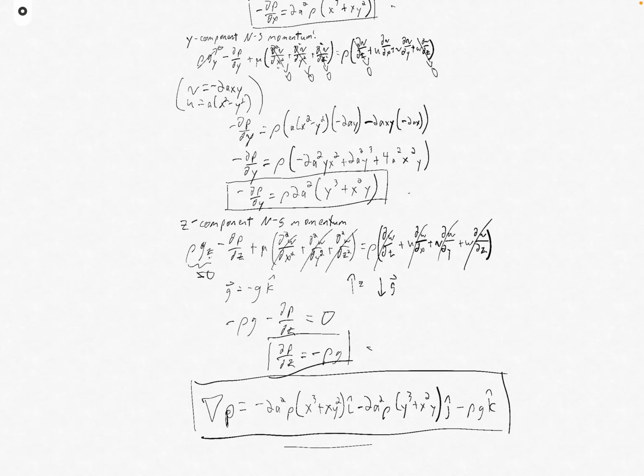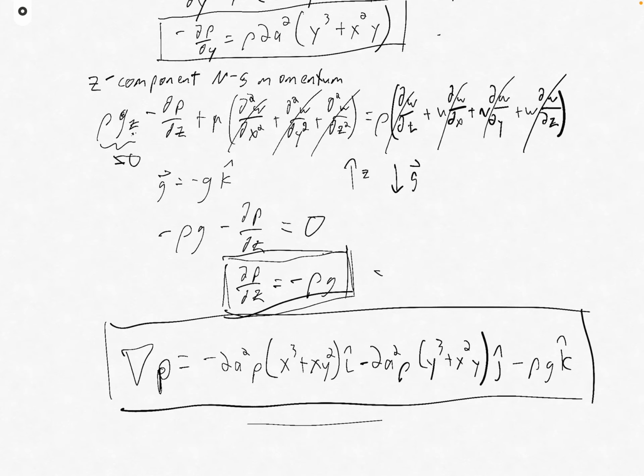Another thing that I want to note here is that in this problem we had the velocity in z equal to 0, and so our pressure gradient in z is just this minus rho g. This should look really familiar to you, because this is essentially what we would get for the fluid static condition as well.